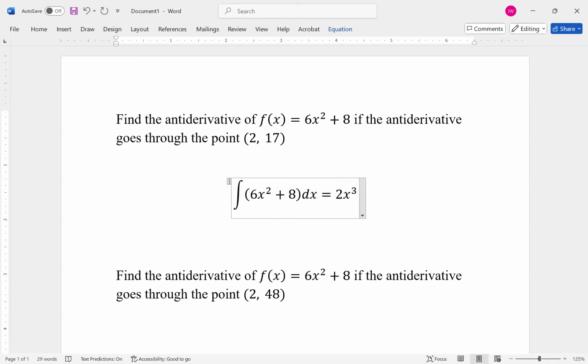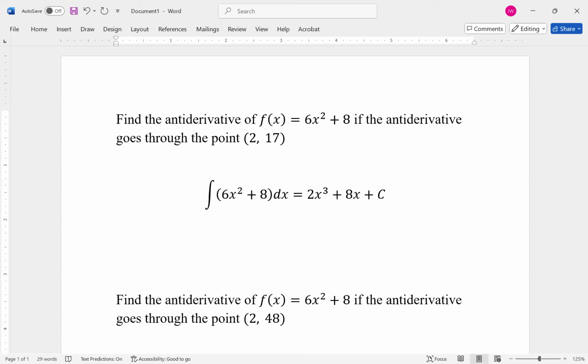So 2x to the third plus 8x plus some constant. So that is our antiderivative. I'm going to call that capital F of x. So my antiderivative is 2x to the third plus 8x plus c.